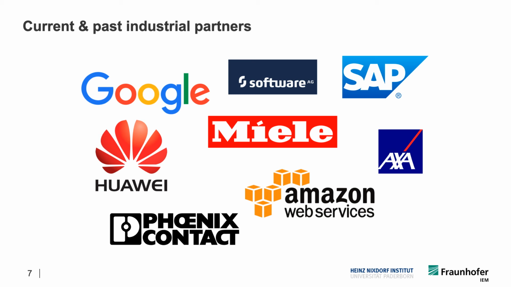And we are about 70 different institutes at the moment on different research topics. Fraunhofer IEM and Paderborn is actually doing research in the area of mechatronic systems. And my group in particular is focusing on software and software security research in this area, but also beyond that.